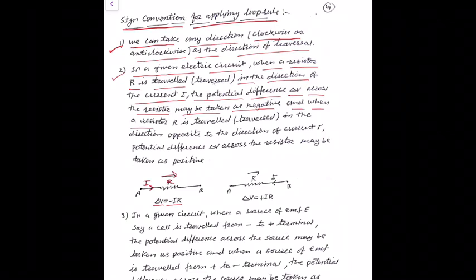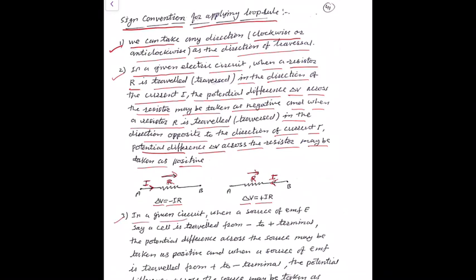And when a resistor R is traversed in the direction opposite to the direction of current I, say current from B to A and traversal opposite to I, then the potential difference delta V across the resistor is taken as positive. So delta V is equal to plus IR.